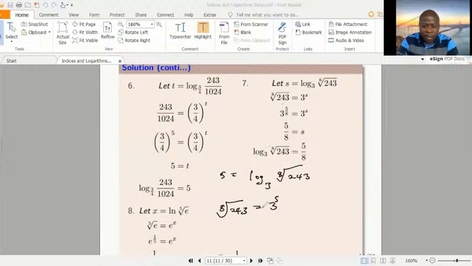So then write 243 in terms of 3. We have done this one earlier. We have found that it will be 3 raised to 5.